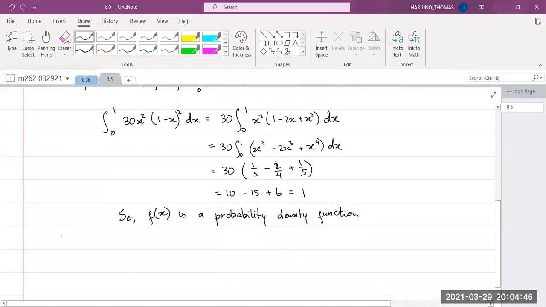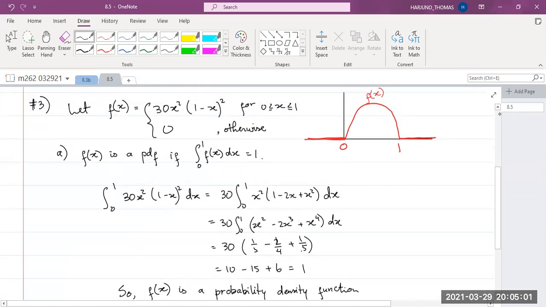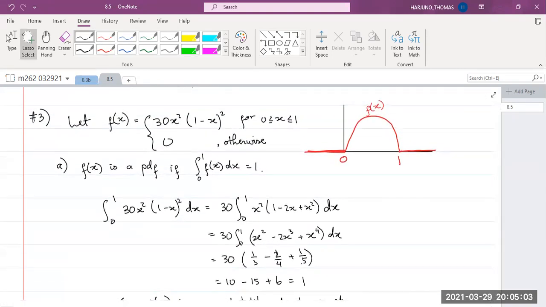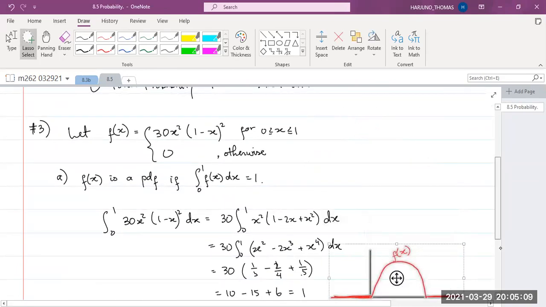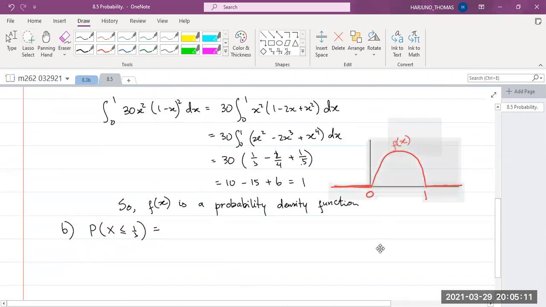Now, part B. The question is find the probability that the outcome is less than or equal to 1/3. So what does it mean? Let's say that's the curve. I bring it down a little bit so that we can see it better.